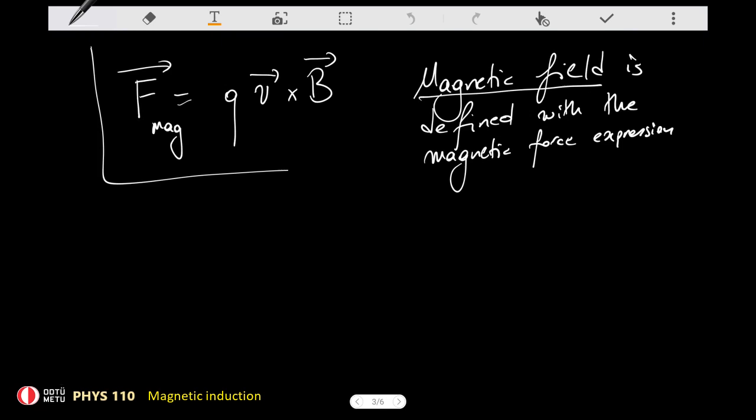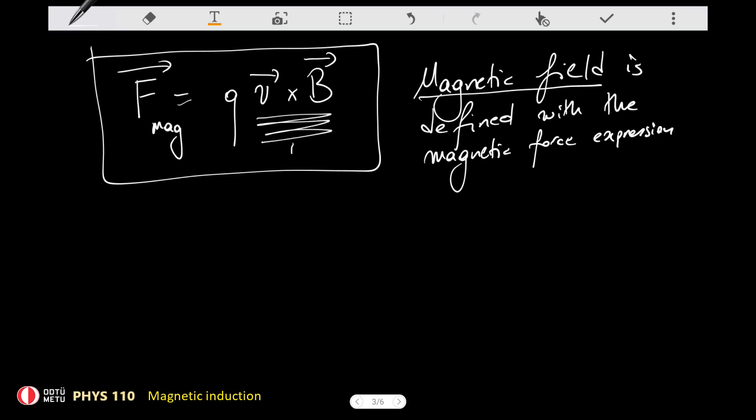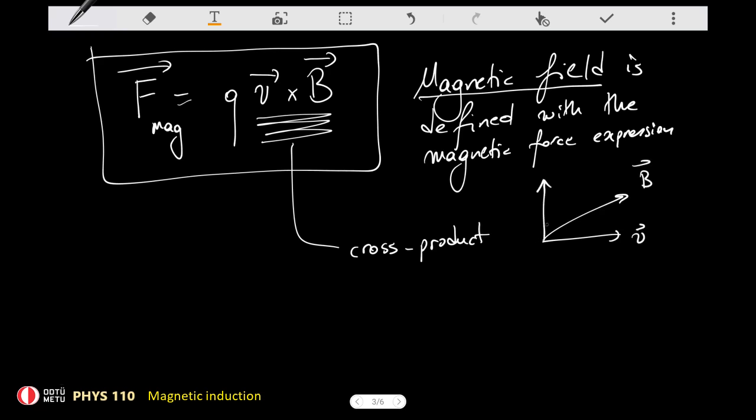Because we have defined the magnetic field through this magnetic force expression, and when we discussed it, we said that there are actually two vector quantities. One of them is the velocity, and so to obtain a third vector quantity, we have to use a cross product. So the cross product of vectors is involved here. If you remember how we define the cross product of two vectors, let's say v and B, we said that it has to be perpendicular to both of these vectors.